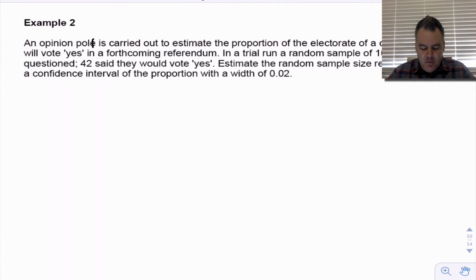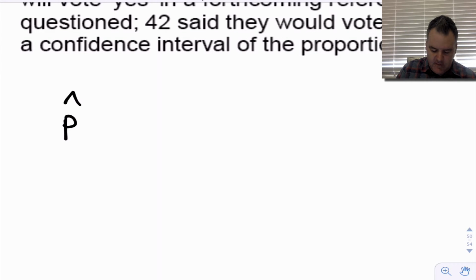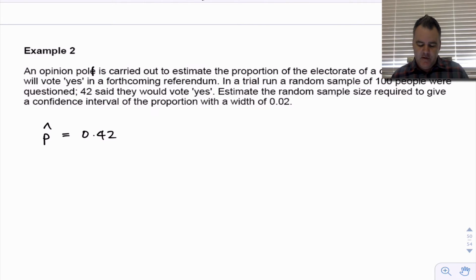So, okay, we've got an opinion poll. In a trial run, a random sample of 100 people were questioned. 42 said they would vote yes. Okay, so p hat is 0.42, 42% of people, 42 out of 100. Estimate the random sample size required to give a confidence interval of the proportion with a width of 0.02.